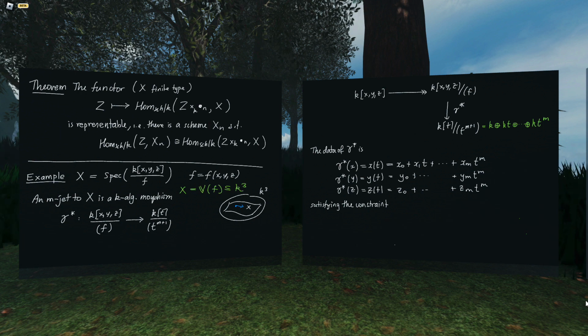So the constraint is that when you substitute x(t) for x, which is what it means to evaluate gamma star on f, and y(t) for y, and z(t) for z, you have to get 0 modulo t^(m+1).